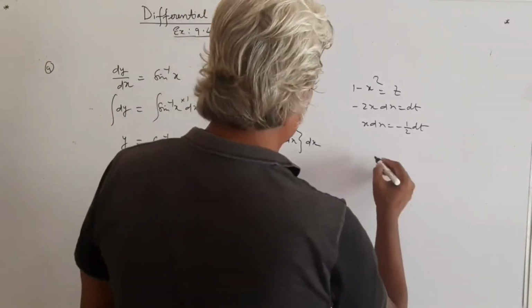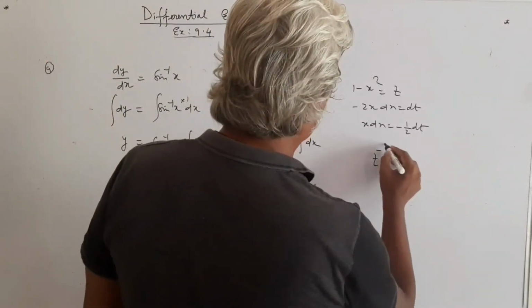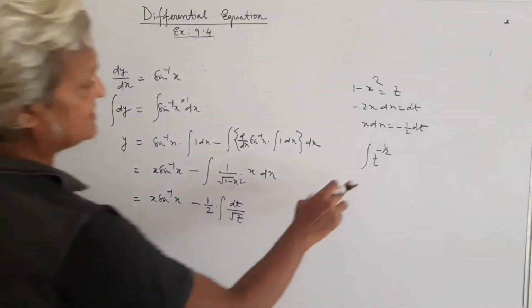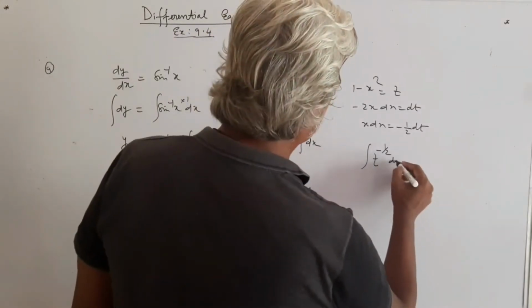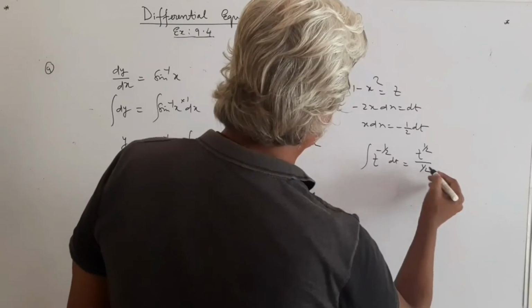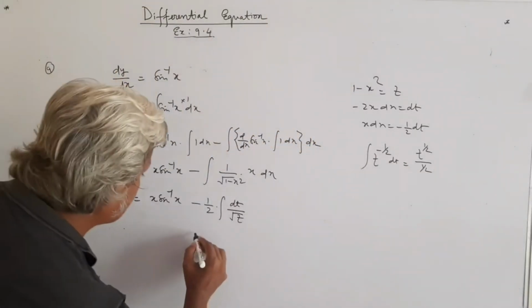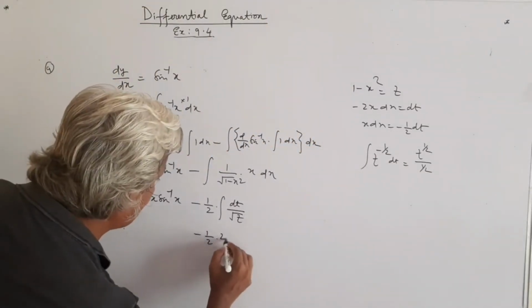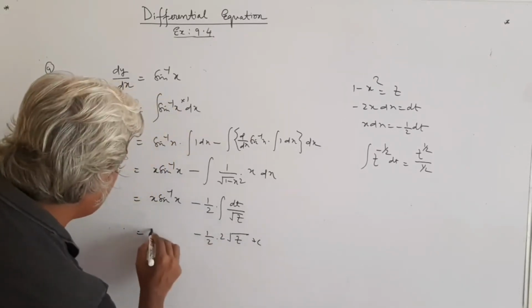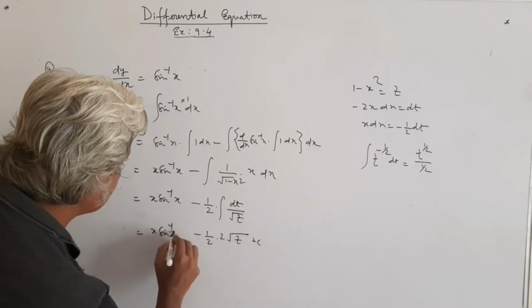Now integration of 1 over root t becomes t to the power minus half with respect to t, and on integration this becomes t to the power half over half, that is 2 root t. So this is minus half into 2 root t plus c, and that is x sine inverse x.